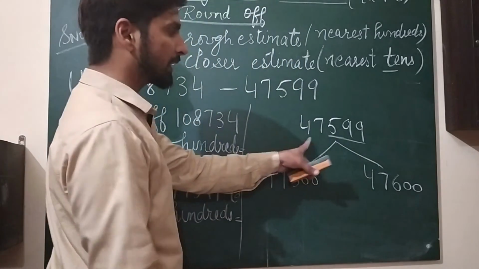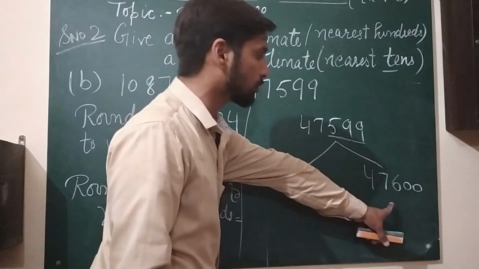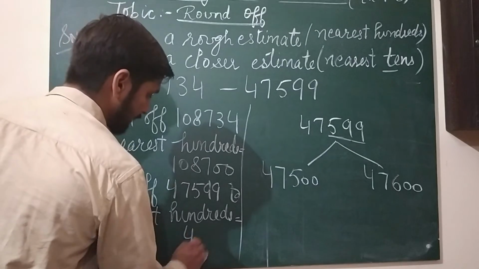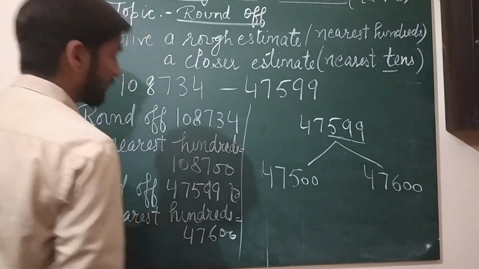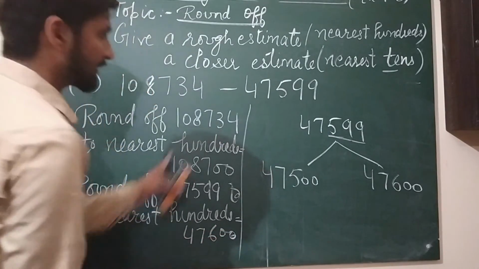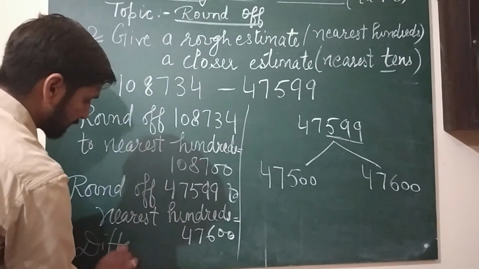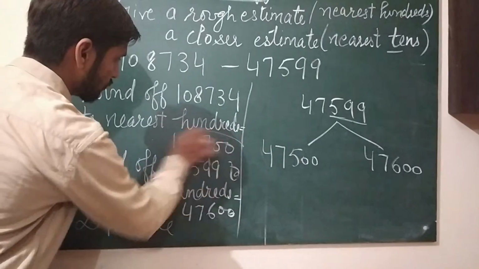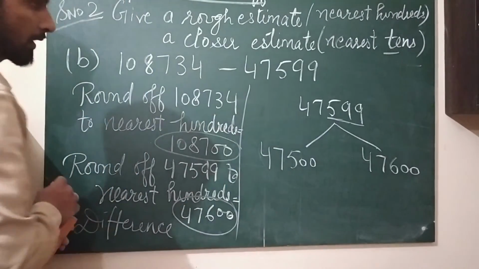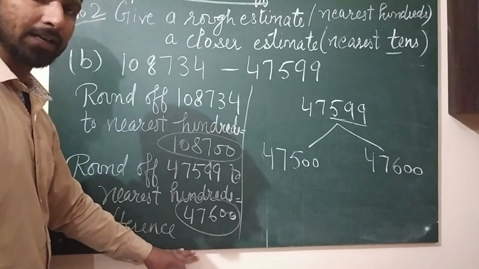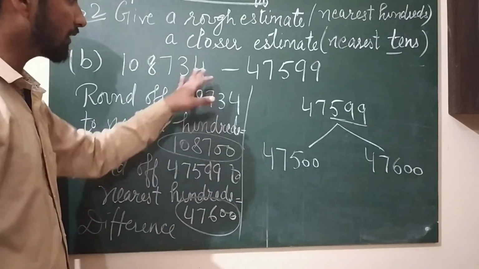Now we all know 47,599 is closer to 47,600. So I am taking these two numbers. Now the requirement of the question is I have to subtract. In the next step I will find the difference by subtracting these two numbers. So after subtracting, I'll get the rough estimate of these two numbers.